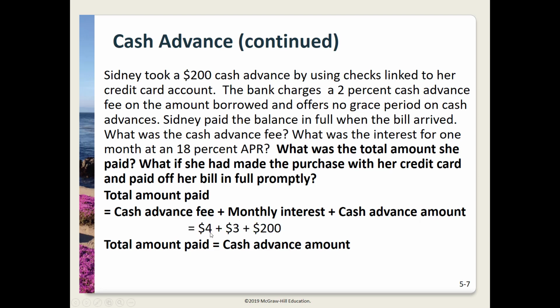So that's the $4, the $3, and the $200 from our scenario. And that gives us a total amount paid by Sydney as $207. Now for this next part, in this last formula, the total amount paid if she had paid off her bill in full promptly is simply the cash advance amount, meaning she's not incurring the fee or the monthly interest because she paid it off right away.